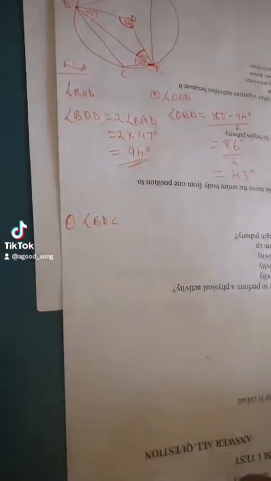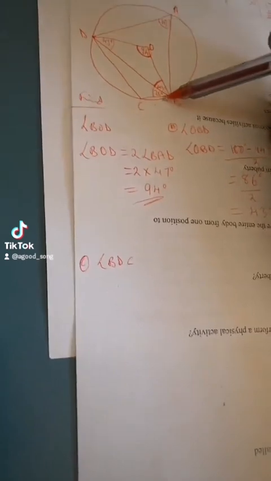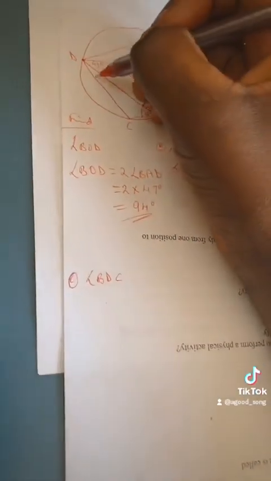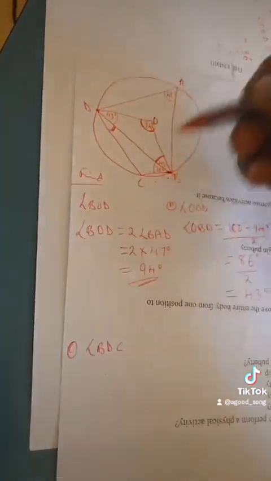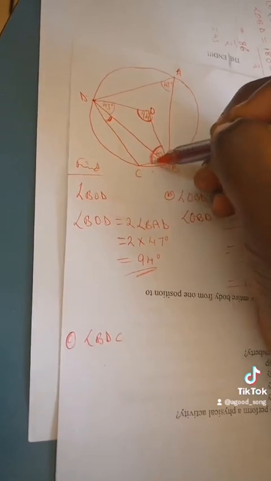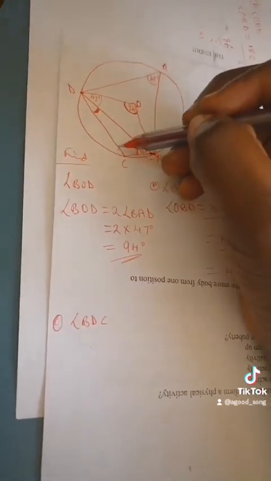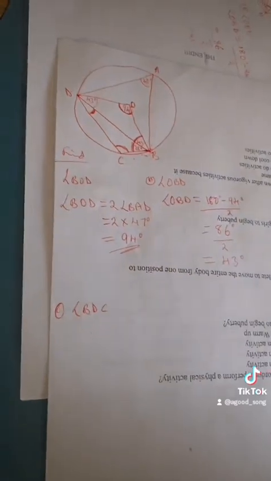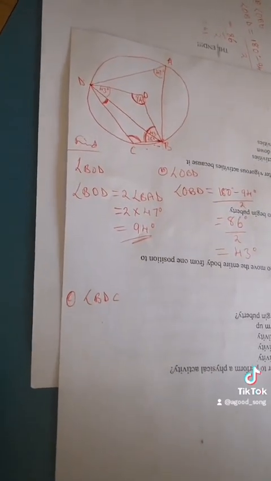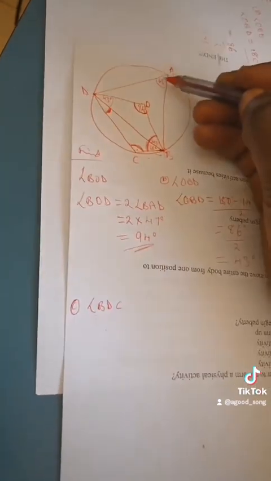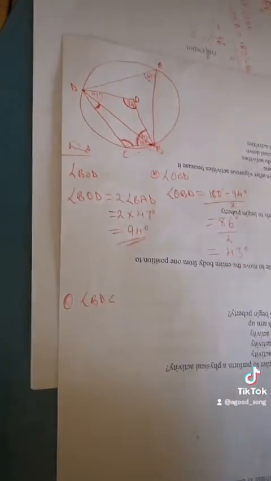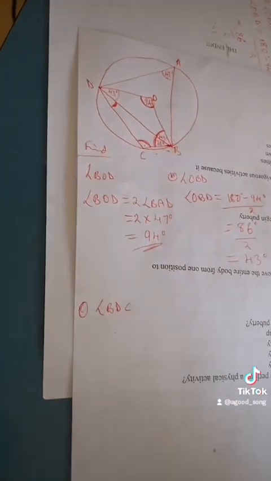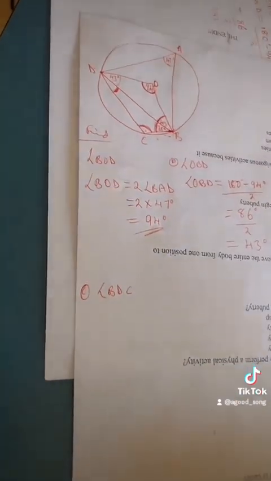Then for C, we need to find the size of angle BDC. BDC is this one. We are given that this one is 28. We need to calculate this one. We can find this by applying the theorem about opposite angles in a cyclic quadrilateral. This angle is opposite to angle A. Opposite angles in a cyclic quadrilateral add up to 180.